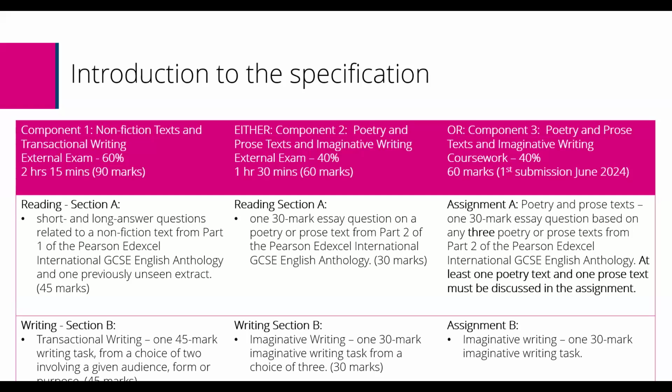Component 1 is for EA 101. Everyone for component 1 has to do the exam. It's transactional writing. It's 60%, so it's heavily weighted in terms of the full qualification. It's a 2-hour, 15-minute exam. It carries 90 of the total 150 marks.